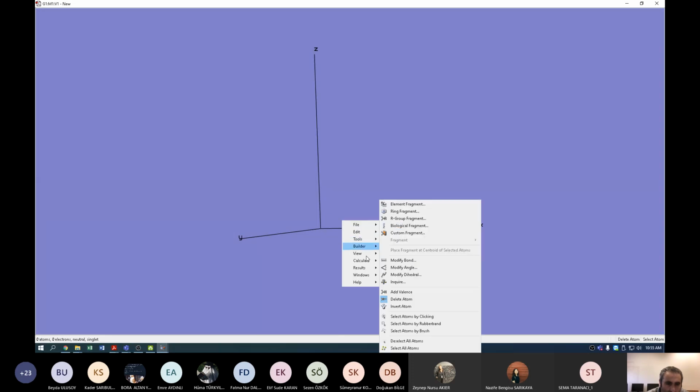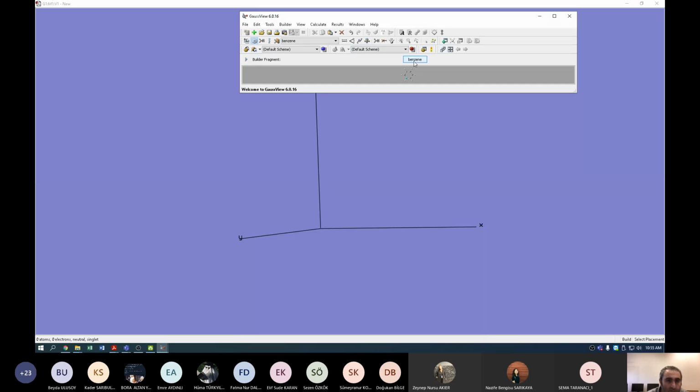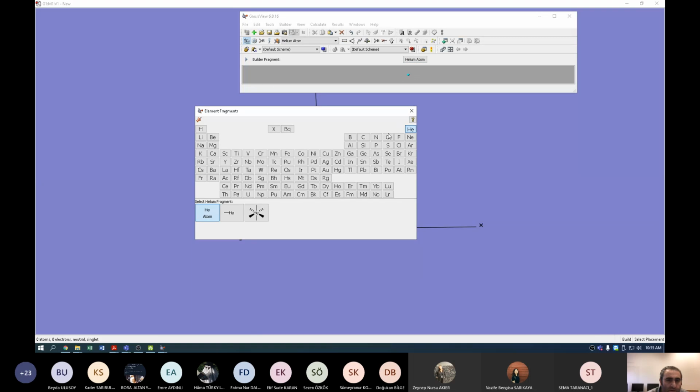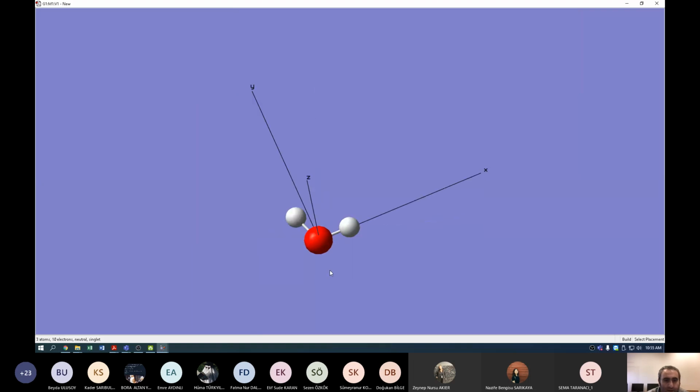If I have such a kind of molecule, now I can have a rotation like that.